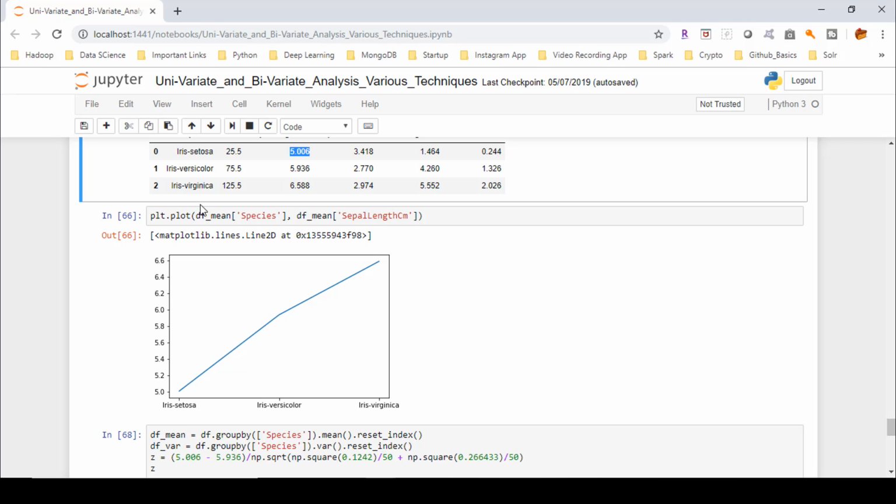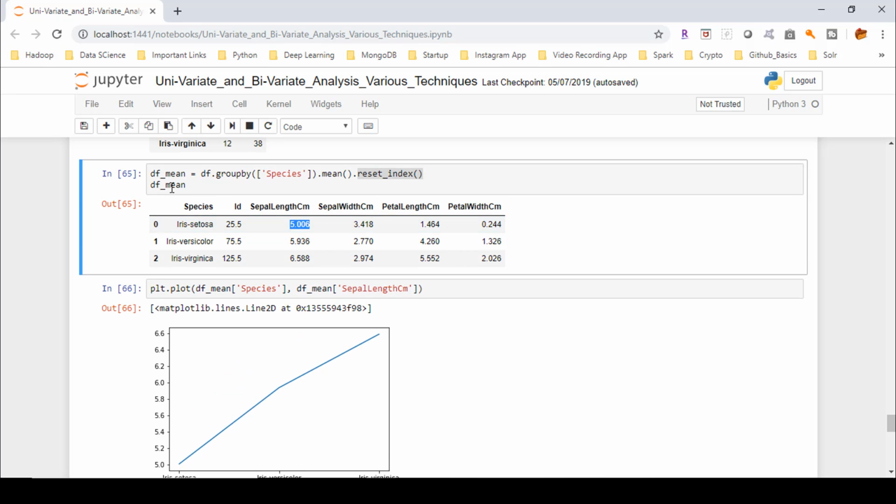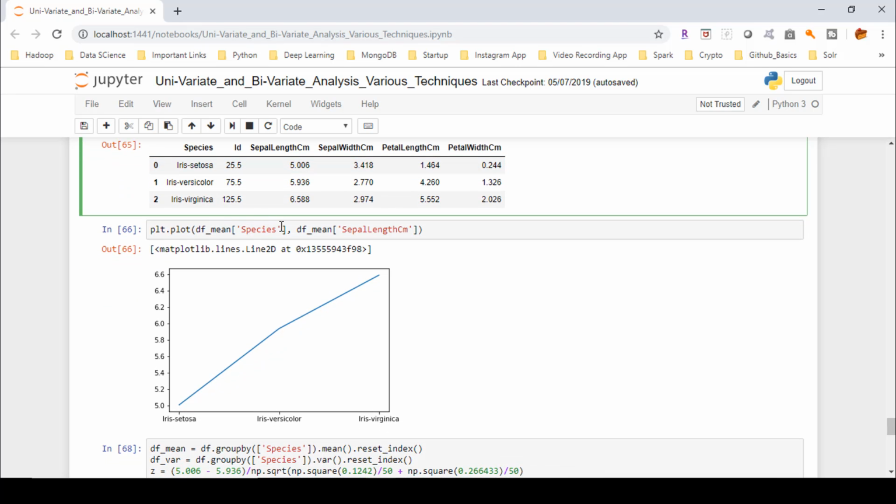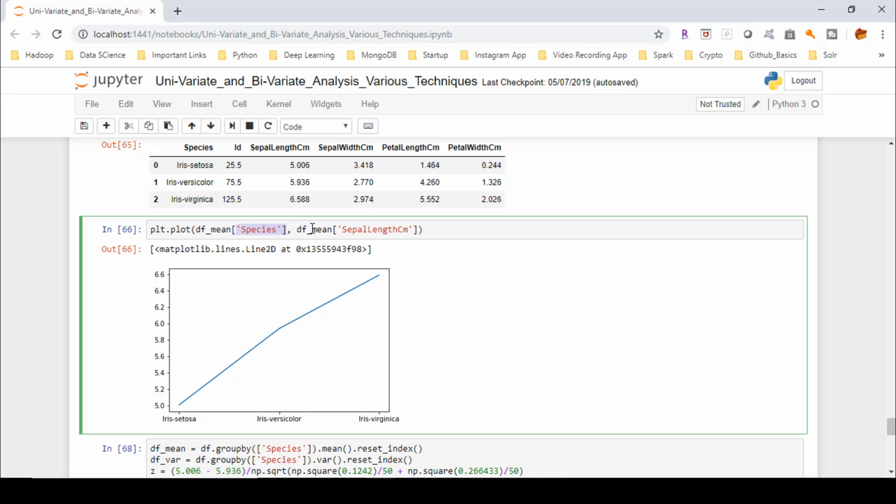Next I have created a line plot by using plt.plot, and I utilized this df mean data frame. From there I picked up the species column, and only sepal length. So the y-axis is sepal length, and the x-axis is the species.